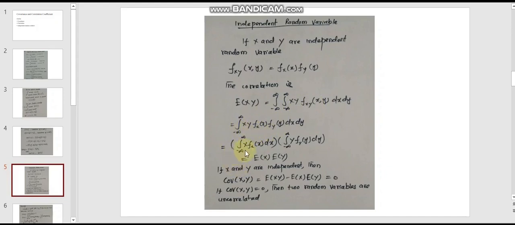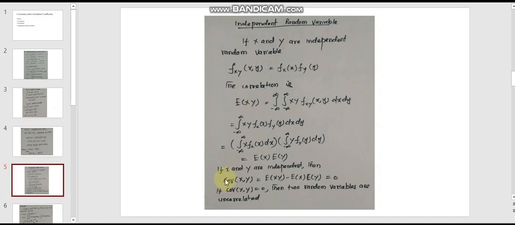Now by separating these two terms, I will get the product of the expected value of x and the expected value of y equal to the joint expected value of x and y.